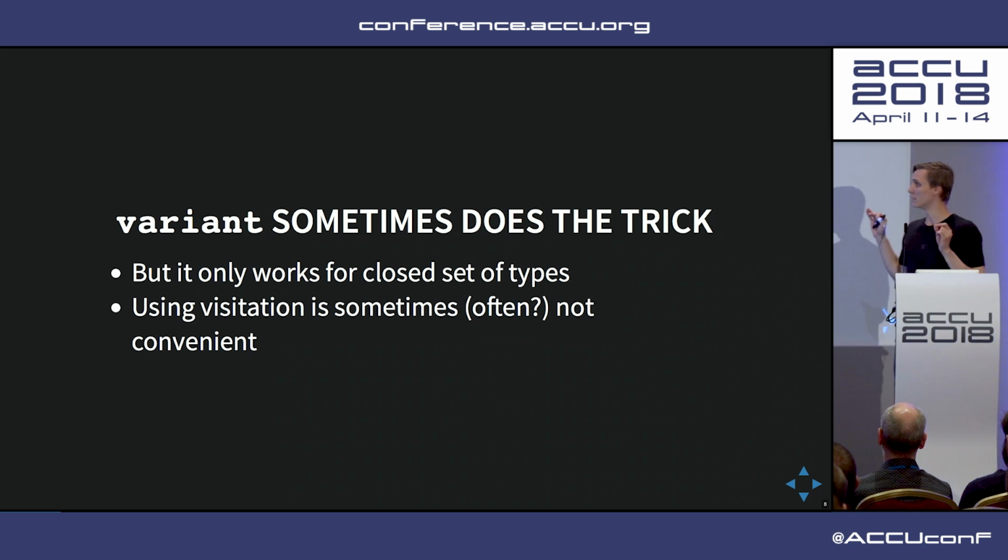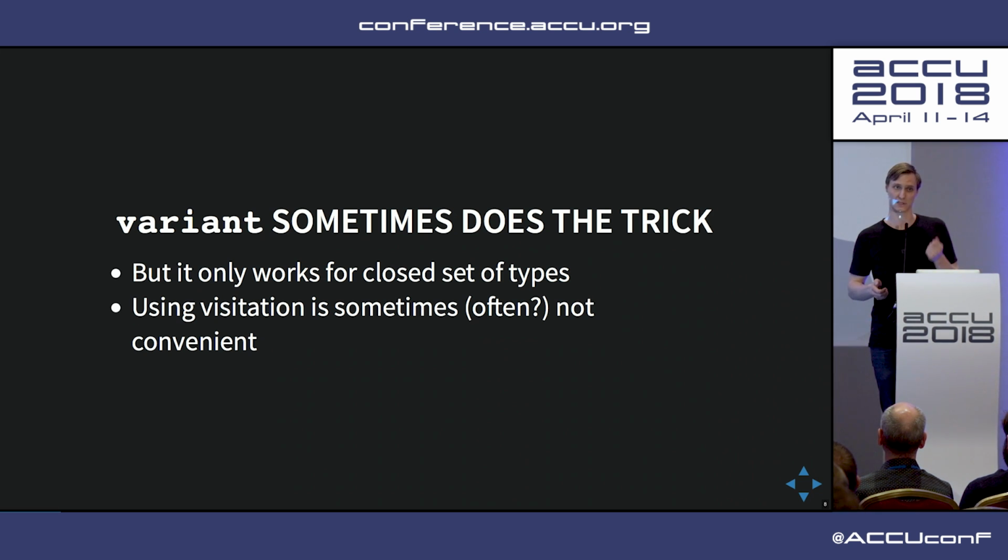But one important thing to note with variant is that it only works when you have a fixed set of types that you know at compile time in advance. You have to be able to enumerate, name those types as a programmer when you're writing the program. You have to say it's either that, or that, or that, and that's it, and nothing else, right? And also you have to use visitation, which might not always be the most convenient thing to do, but it's not such a big deal.